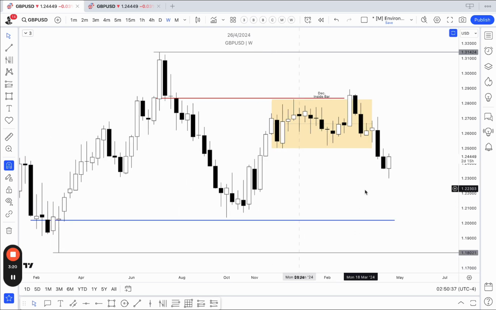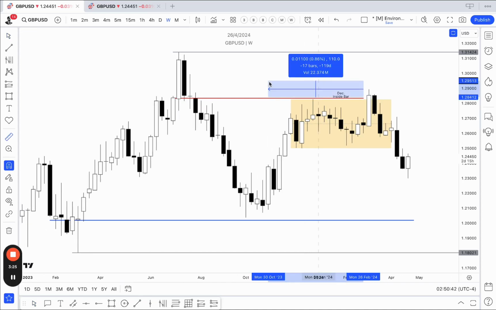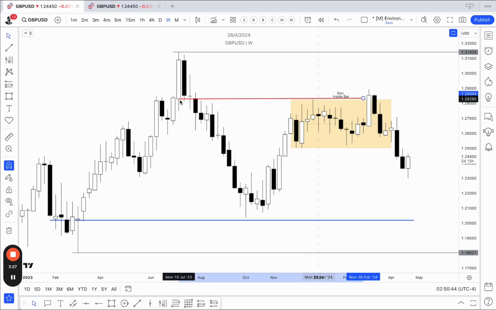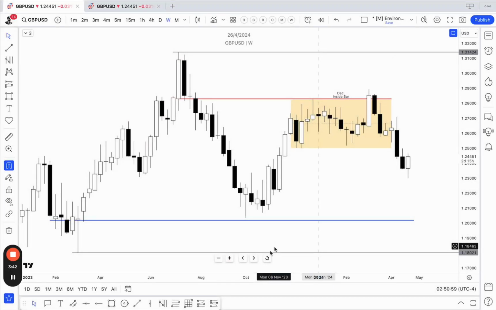Okay, so here we are on the weekly chart. We can see that the RB is aligned with this order block here. And why is this order block key? Well, let's look back some quarters now. This is just finding directional bias for that monthly candle, by the way. So this is the yearly open.